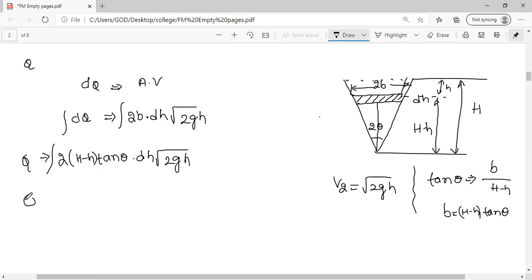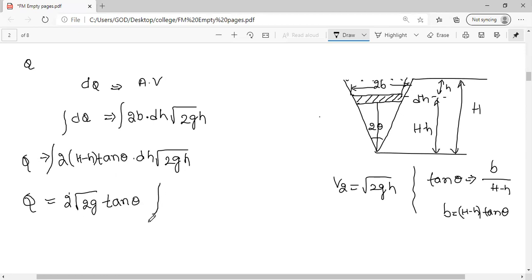Now from this, Q is equal to, so what are the constants? To separate everything, this equation comes out as 2 is a constant and root 2g also I can write outside. Now check what are the remaining terms. Tan theta, yes, I can write outside.